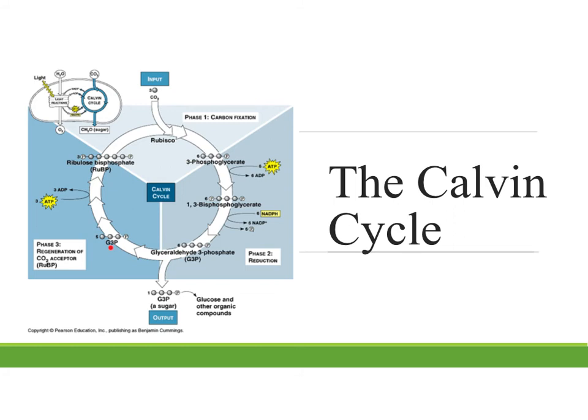Then the remaining G3P molecules are going to continue the cycle. An enzyme called rubisco is going to convert them to a 5 carbon chain molecule called ribulose, and this ribulose is going to continue the cycle. The Calvin cycle is an ongoing process to produce glucose or sugar.